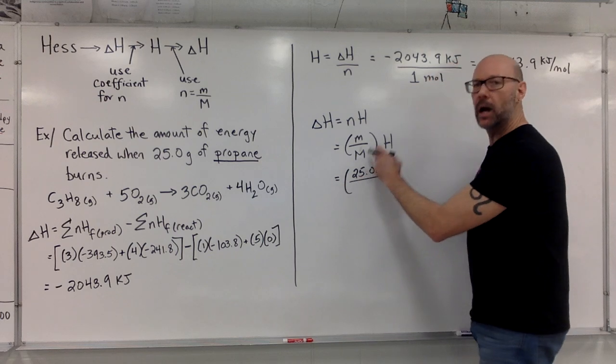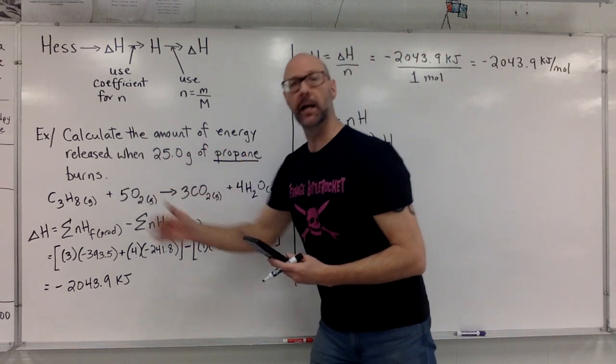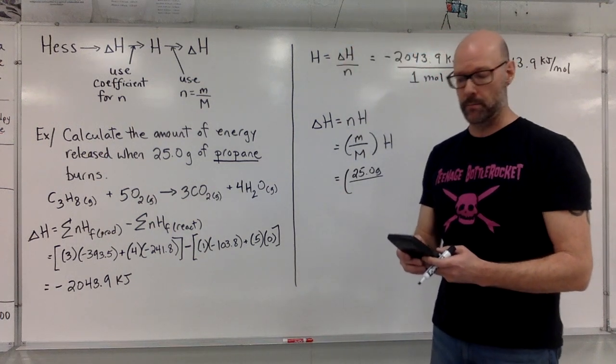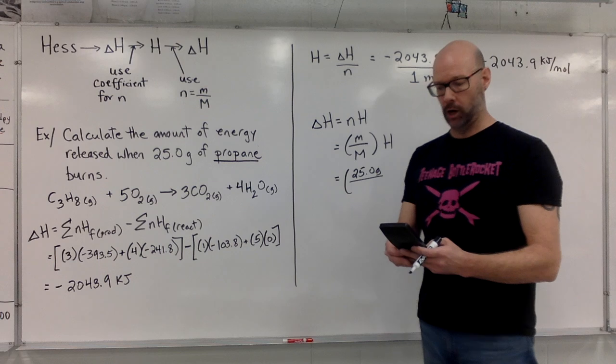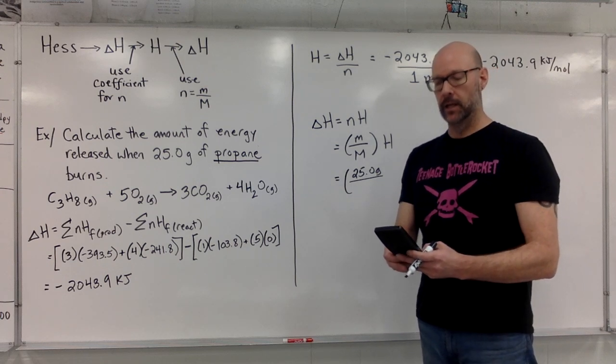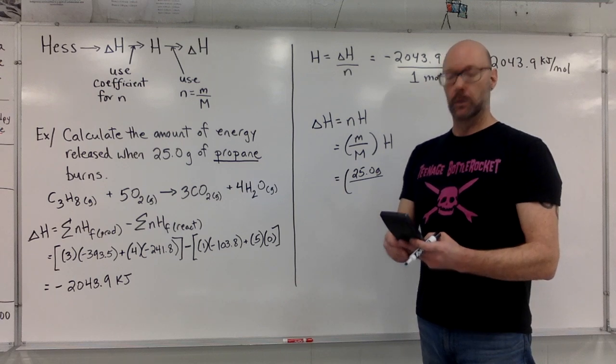We're going to divide by the molar mass, again, of propane. Here's the formula, C3H8. We can take our time to find the molar mass. That's 3 carbons, 12.01 each, and 8 hydrogens at 1.01 each.